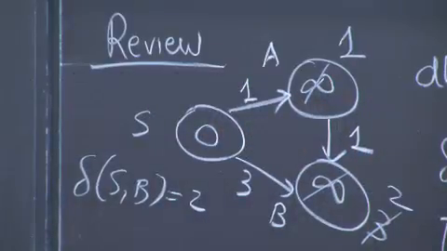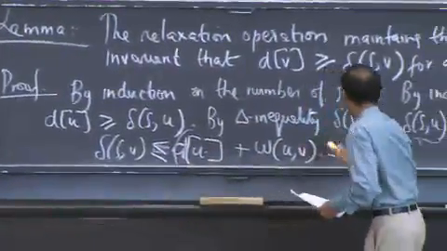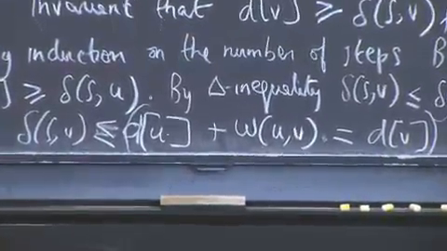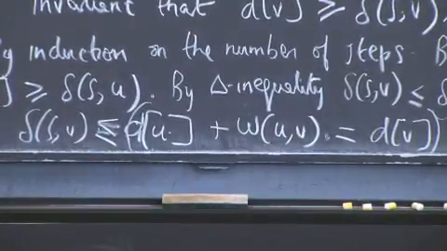And so once we have that here, we can essentially say we know that delta(s,v) is less than or equal to d(u) plus w(u,v), which implies, of course, once we're done with the relaxation step, that this part here equals d(v). Okay? That's how that works. So that's good news.